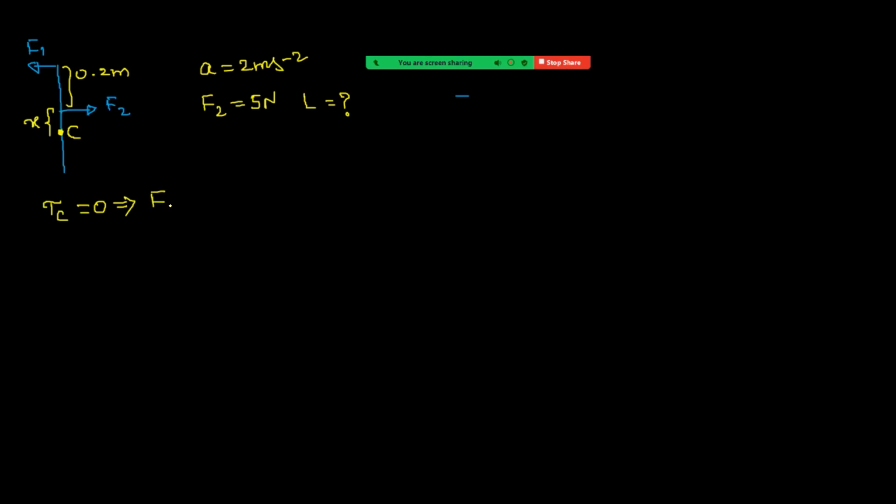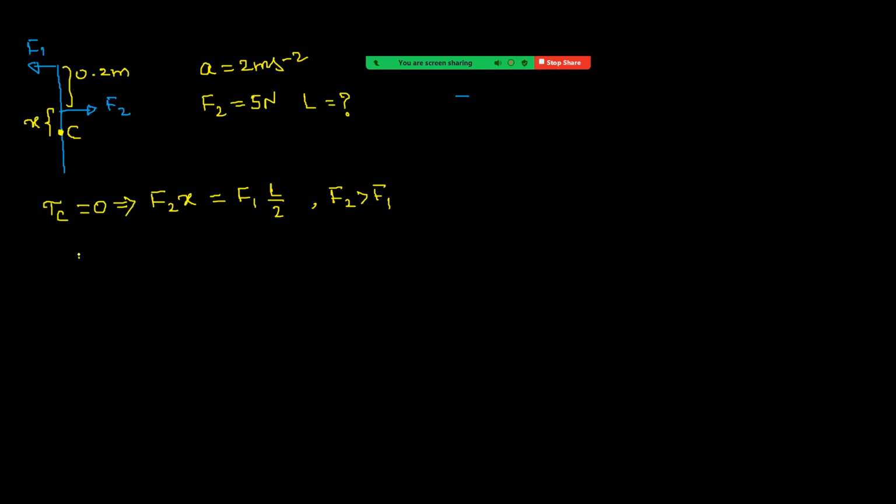Torque due to F2, F2 into X, must balance torque due to F1, F1 into L by 2, right? You can see X is less than L by 2. That means from this we can say F2 must be greater than F1. Then only this is possible. I am repeating from diagram. X is less than L by 2. That means F2 must be greater than F1 to make net torque 0.